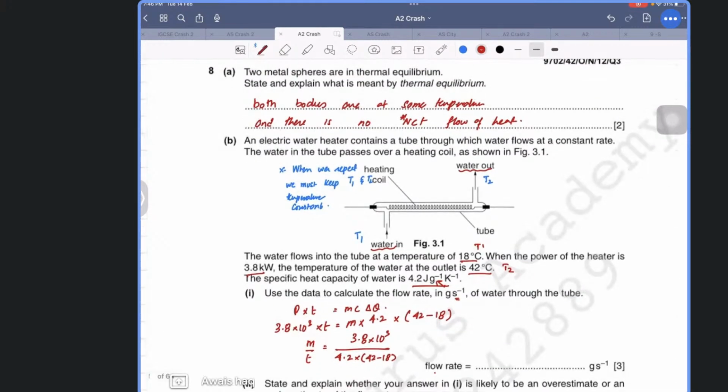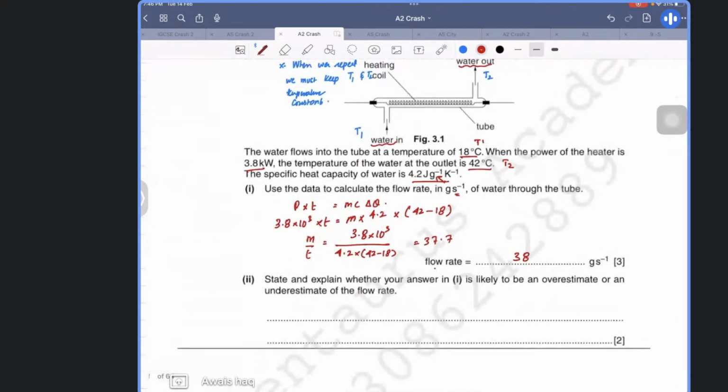Yes, go on. 37.7. All of these are in two significant figures, so we can write it as 38 or 37.7. That would be correct as well.